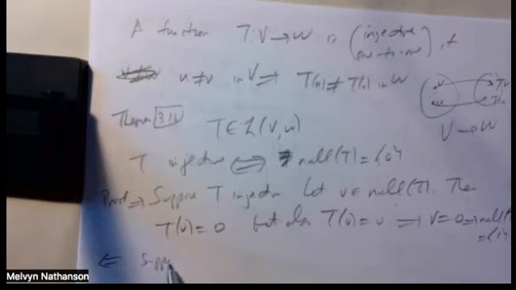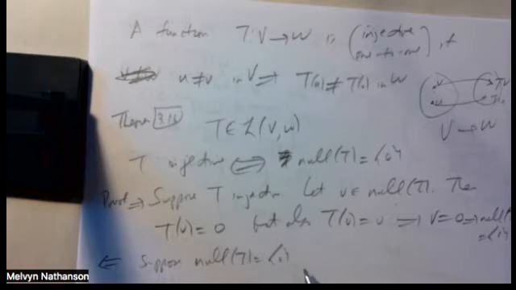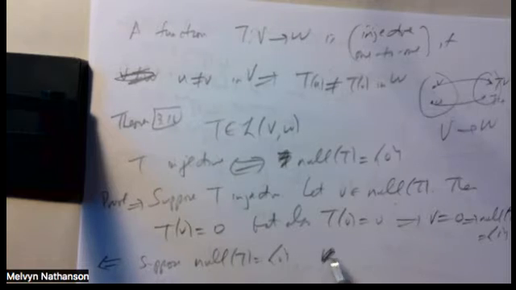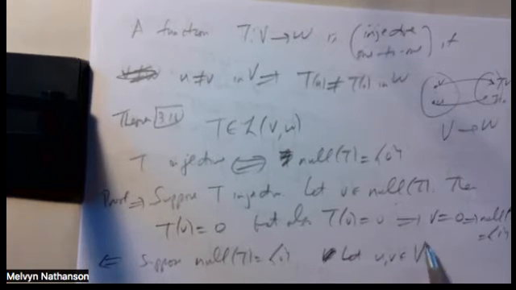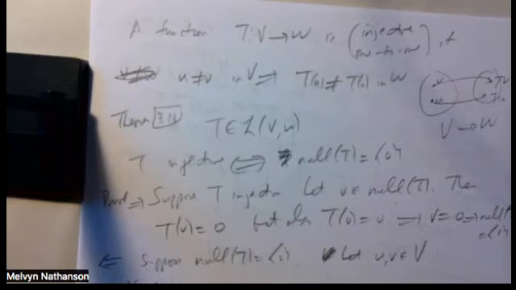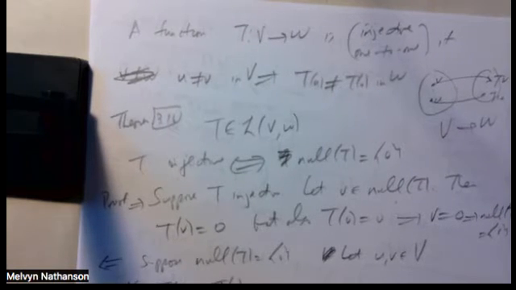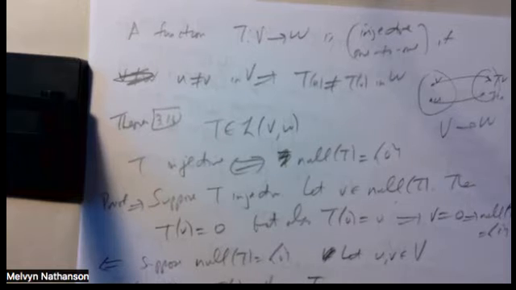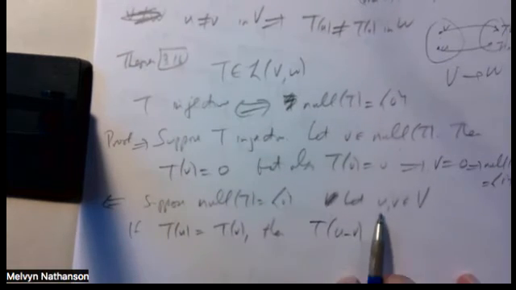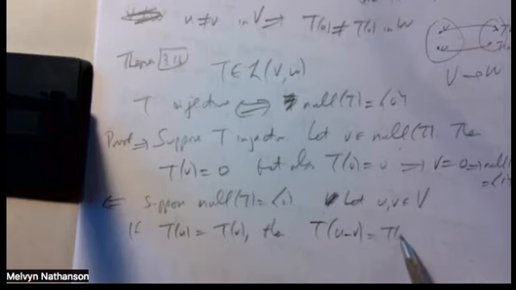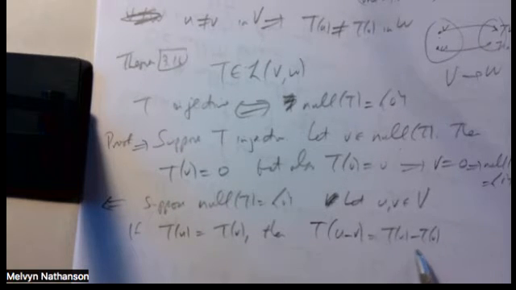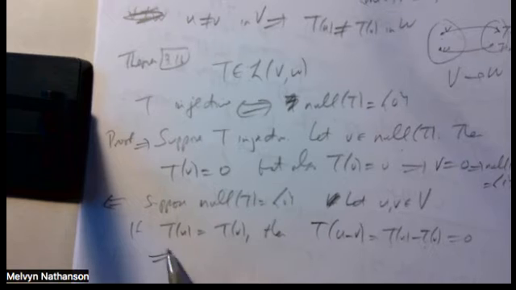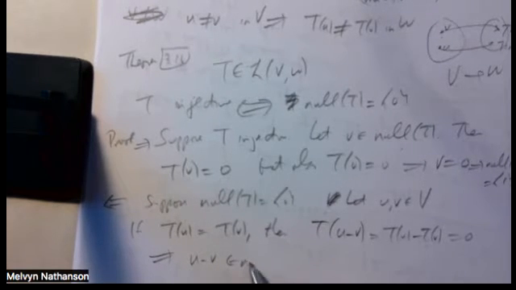So now, let's suppose the null space of T is zero. Let U and V be in the vector space V. If T of U equals T of V, then T of U minus V, because T is linear, is T of U minus T of V. But these are equal, so this is zero. So that means U minus V is mapped to zero.